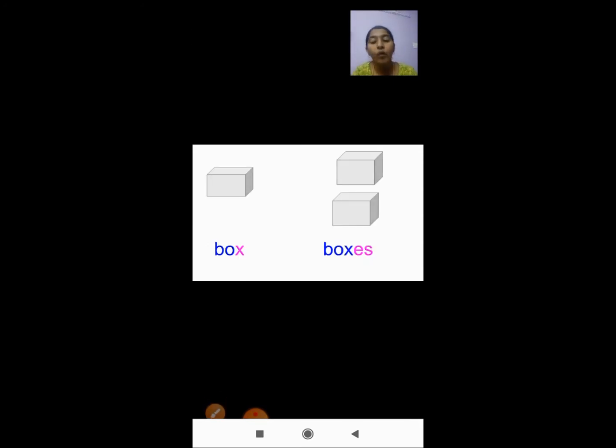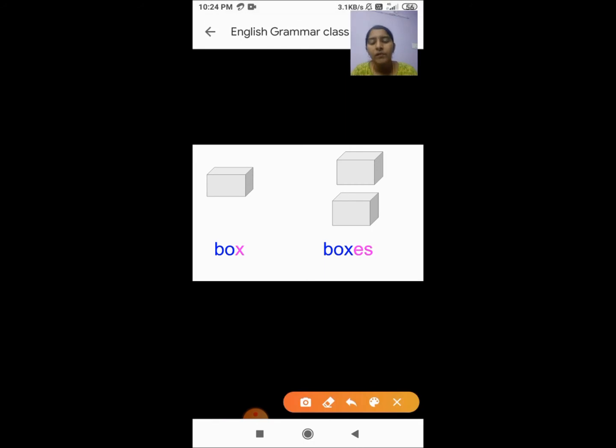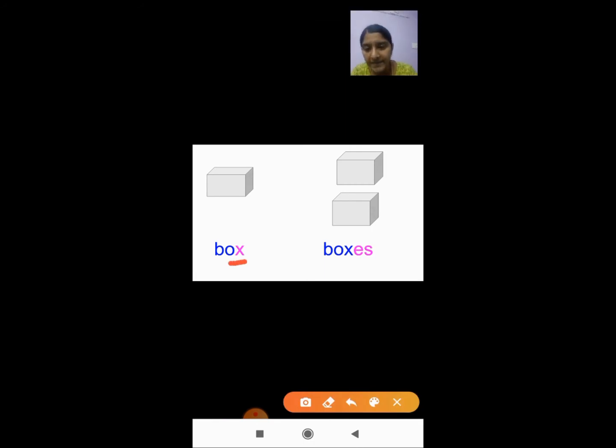Similarly, we have three types here. If you see an X, as in box, you are just going to add ES to it. Box, boxes. When you have X there, you are going to add ES. We are not going to remove anything; we are just going to add ES to it.